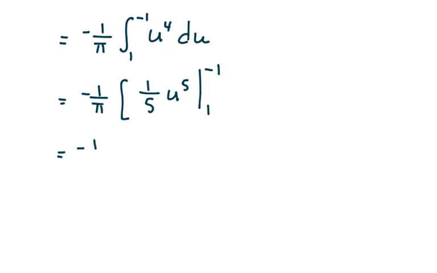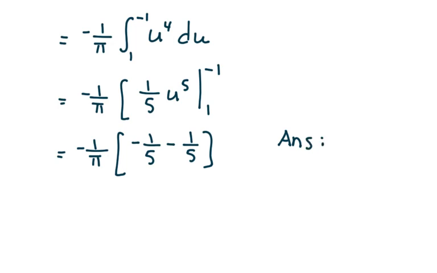And so this is negative 1 over pi times negative 1/5 minus 1/5. And so the answer here will be 2 over 5 pi. That's number 7. And we just got one more for this video here.